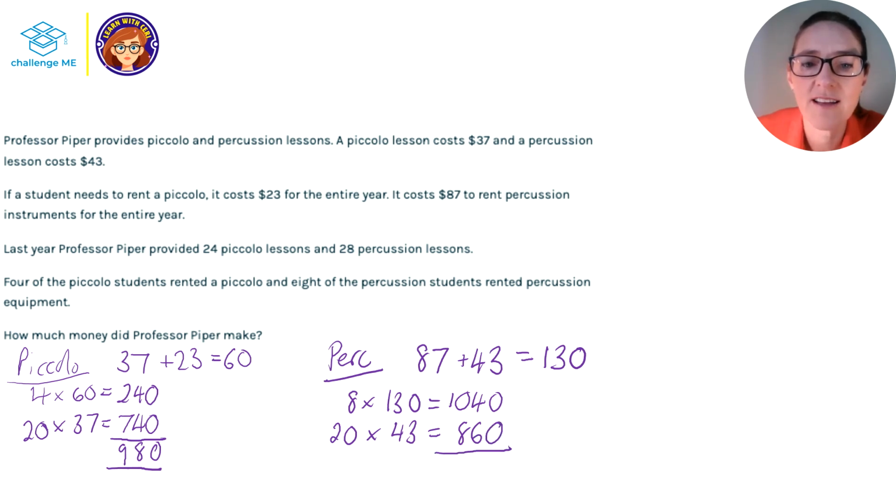And so that total income is 4 add 6 makes 10, 1,900. So Professor Piper's percussion lessons make 1,900 and 980. Maybe I should have added 2,000 and taken off 100. But there we go, 2,880 is our final answer for that question.